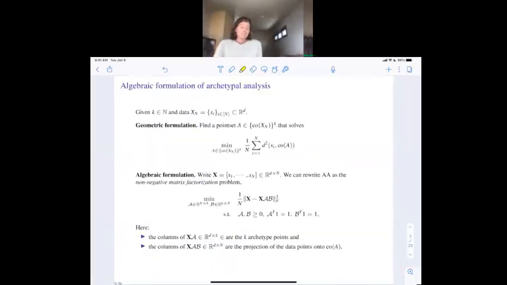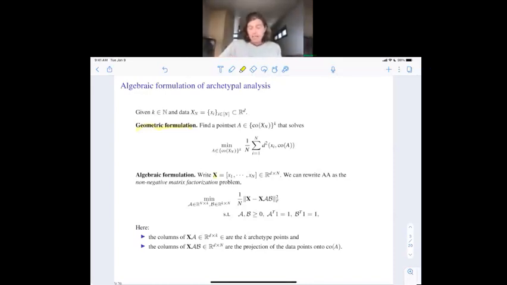Okay. So the way I've described archetypal analysis, I would call this the geometric formulation. And this is exactly what I wrote on the previous slide. I just want to emphasize that there's also an algebraic formulation. So here I would construct a matrix X, and the columns of this matrix are going to be the data points.